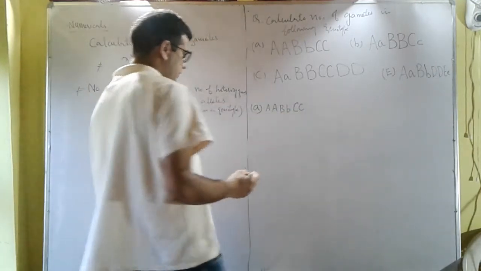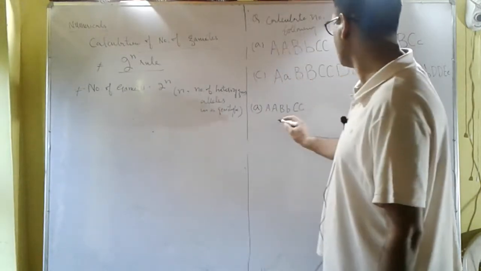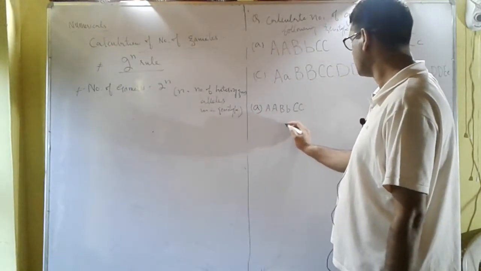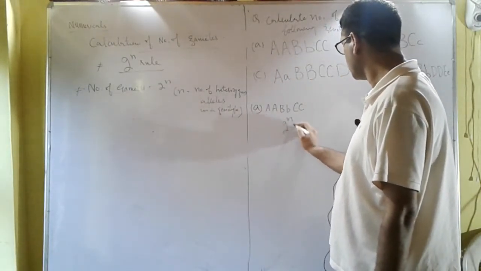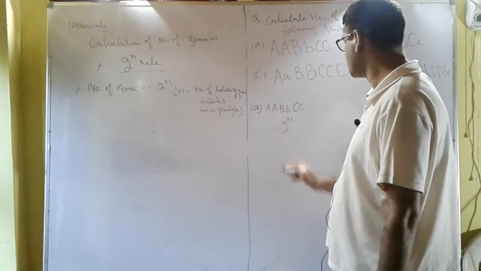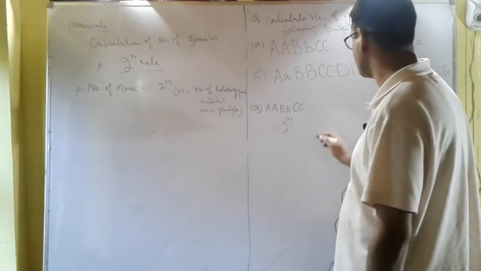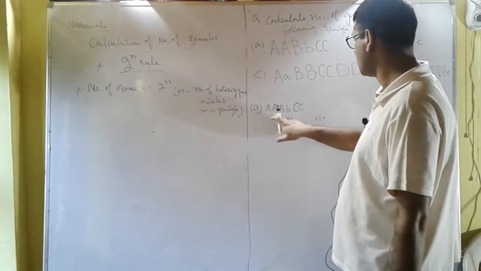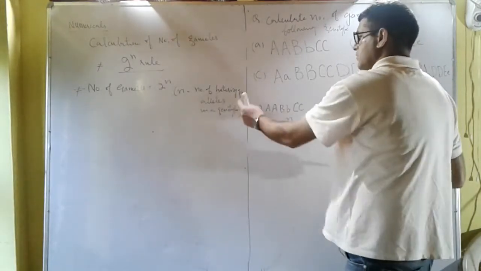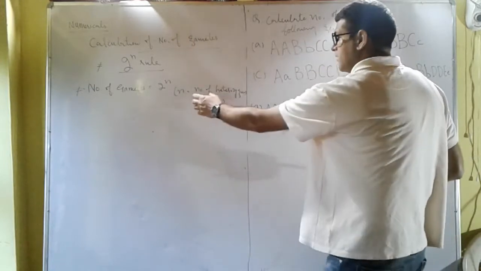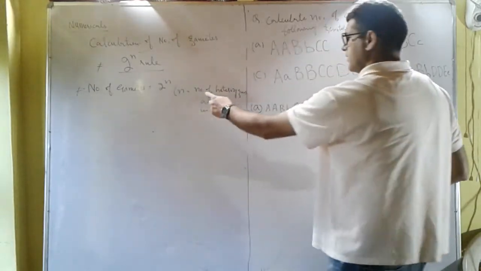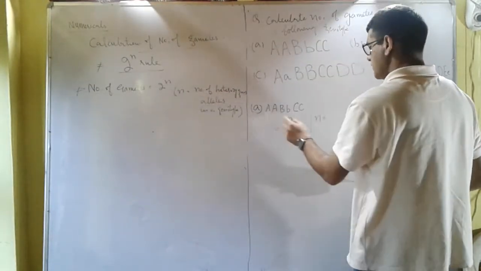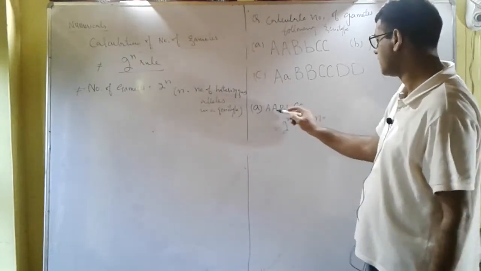So the number of gametes is equal to 2 raised to the power n. What is n? n is the number of heterozygous alleles in a genotype. How many heterozygous alleles are there?